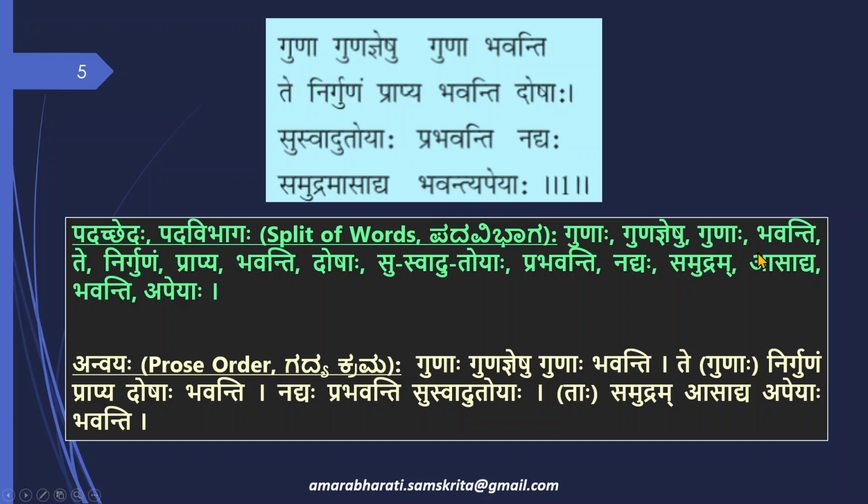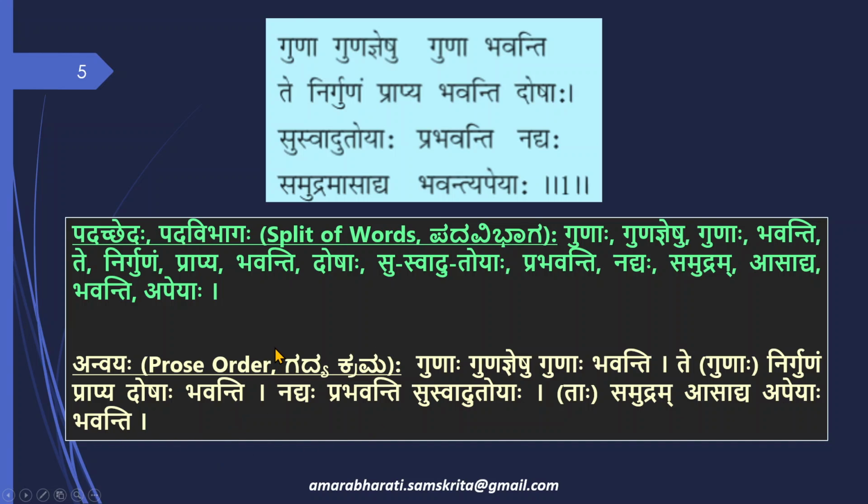Bhavantyapeyah is bhavanti apeyah. Samudram asadya is samudram plus asadya. Now let us look at the anvaya or the prose order. Gunaha gunagneshu gunaha bhavanti. Te gunaha nirgunam prapya doshaha bhavanti. Nadyah prabhavanti susvadu toyaha. Taha samudram asadya apeyaha bhavanti.